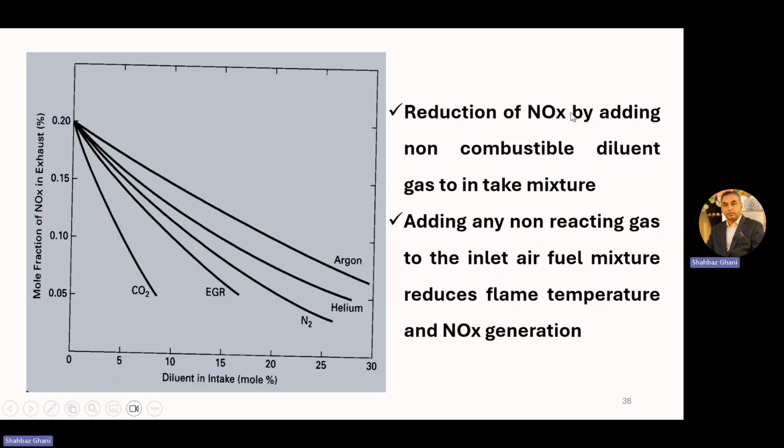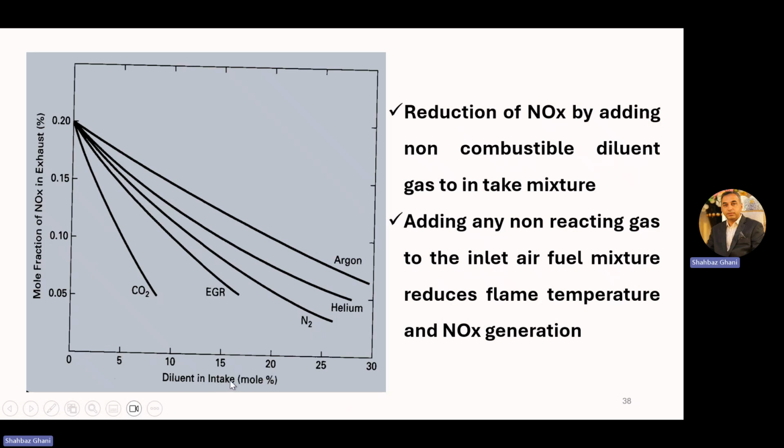Now, reducing NOx by adding non-combustible diluent gases to the intake mixture. How to reduce the NOx? So we add some non-combustible diluent gases to the intake mixture. Adding any non-reacting gases to the inlet air-fuel mixture reduces flame temperature and NOx generation. Let's see.